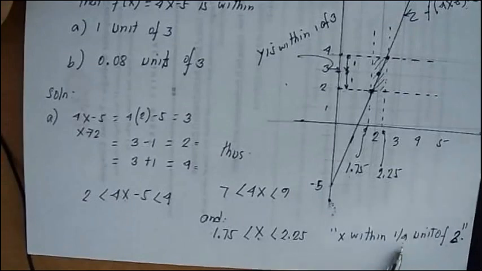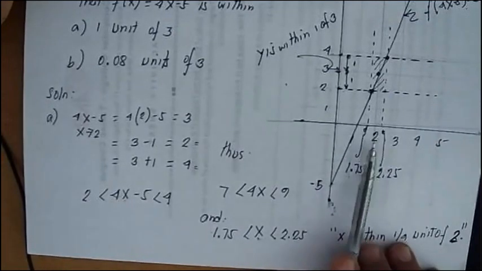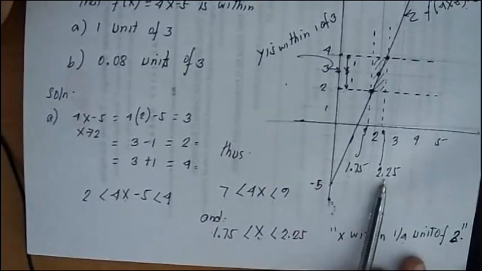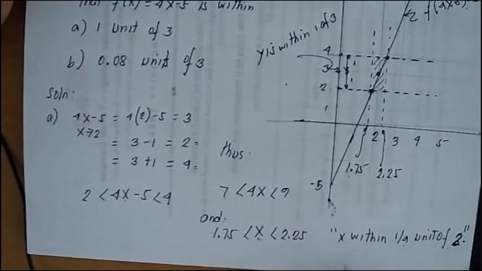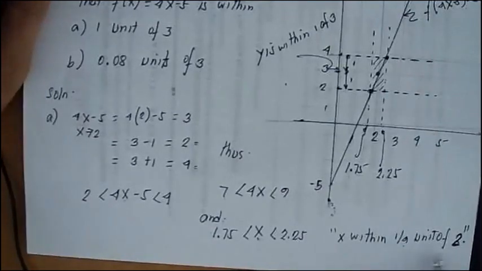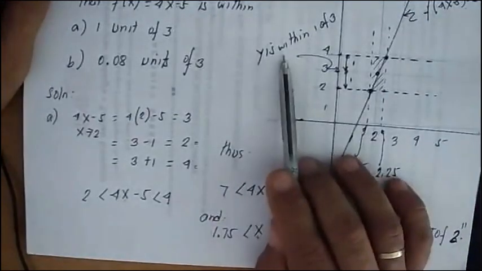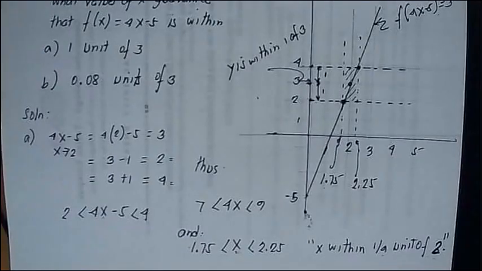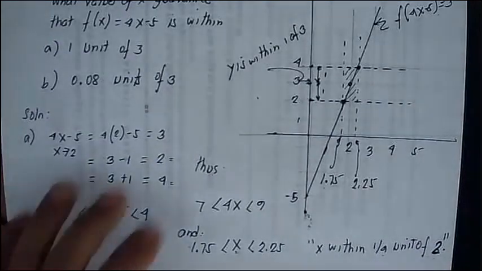Dahil 2 minus 0.25 is 1.75, and 2 plus 0.25 is 2.25. So, this is our answer. If x is within 0.25 units of 2, then y = 4x minus 5 is within 1 unit of 3. Tama yung sagot. Okay, congrats.